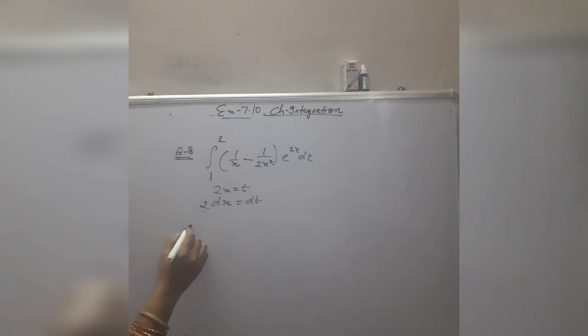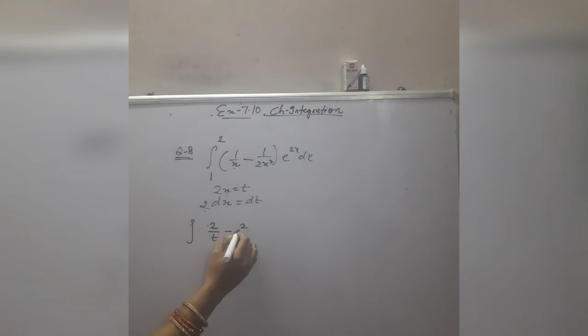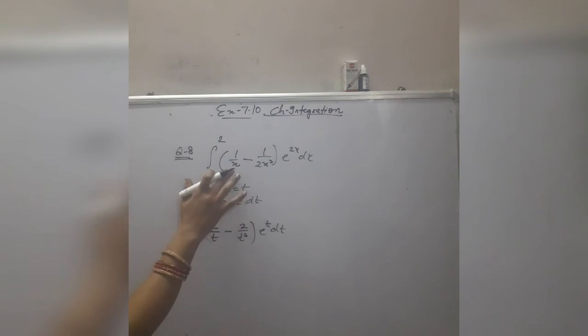Or here the given function becomes, after putting 2x is equal to t, then what is the value of x here? x is t by 2, so 1 by t by 2 can be written as 2 by t minus 2 by t square into e raised to power t and dt. This is the given function.